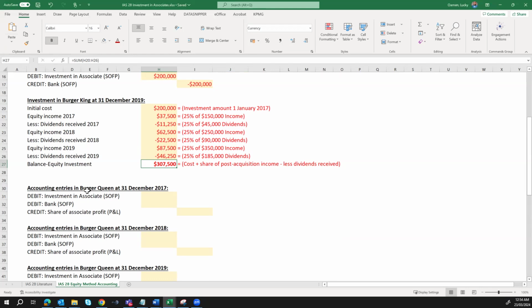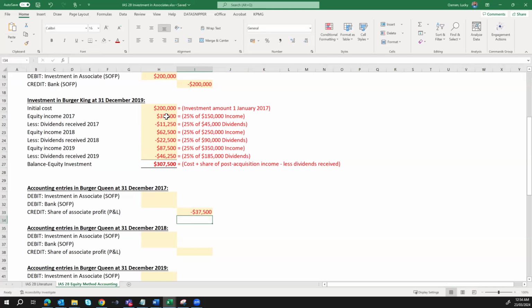Then any dividend that was paid by the investee company will be received in your bank account. All right. So let's start with the first bit with the credit side because there was a profit. We need to credit the share of associate profits in your P&L. So the share of associate profit in 2017 is $37,500.